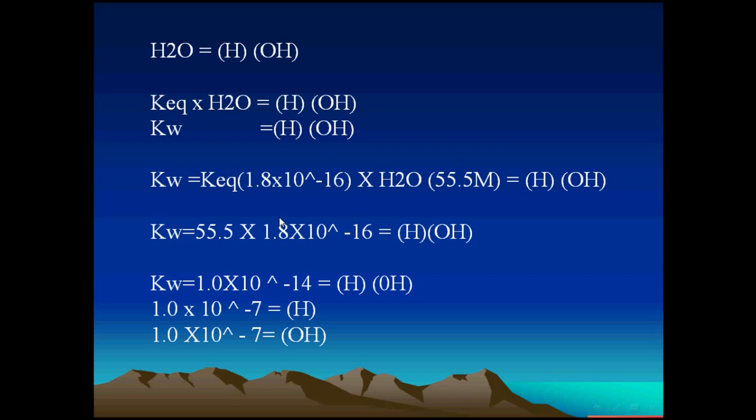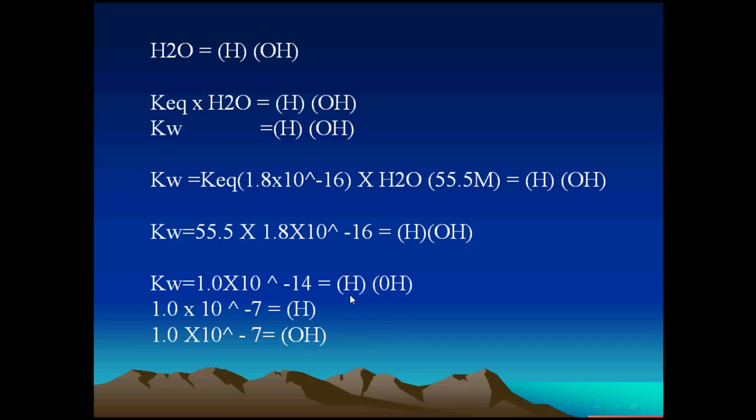This dissociation constant, 1.8 multiplied by 10 raised to the power minus 16 multiplied by 55.5 moles, will give us 1 multiplied by 10 raised to the power minus 14. This number equals hydrogen times hydroxyl.